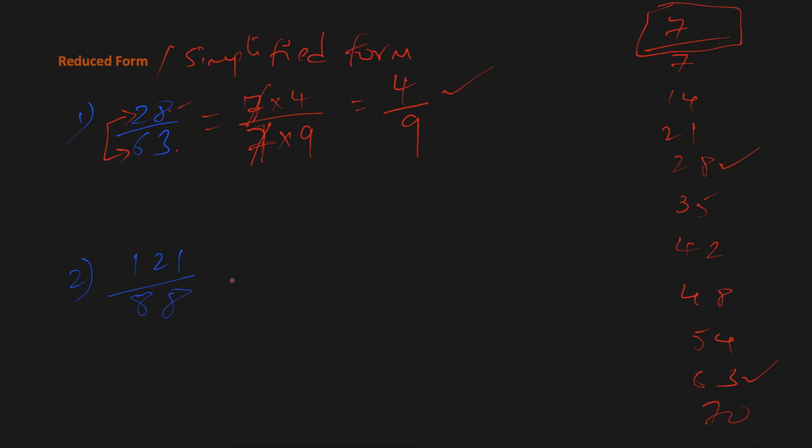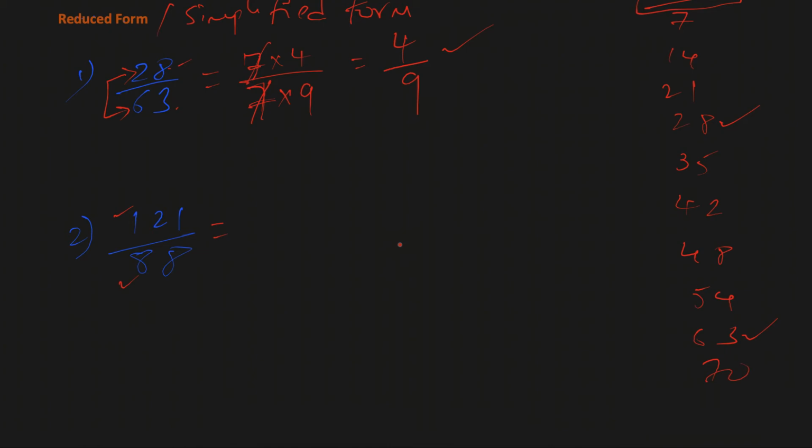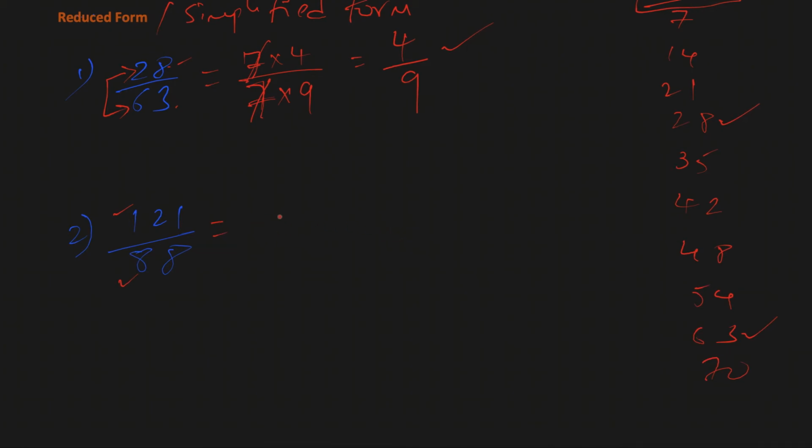Let's look at another example, which is 121 over 88. Step 1, we have to find a number that has both 121 and 88 in its table. And that number is 11. We can write 121 as 11 times 11 and 88 as 11 times 8.